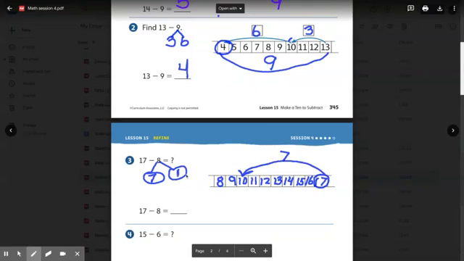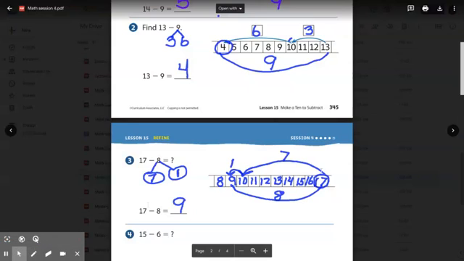I have 1 more jump to make, and there it is. So 1 jump there plus 7 jumps there is our total of 8. So 17 minus 8 is 9. We landed on 9. All right.